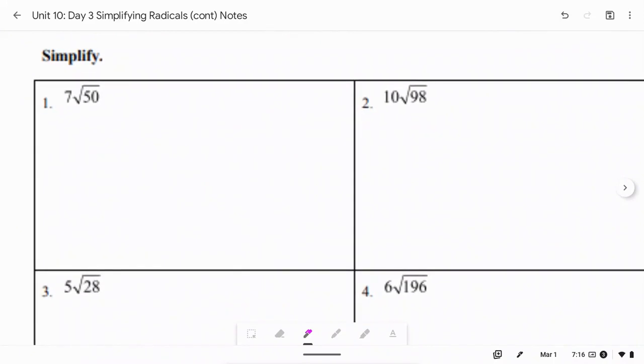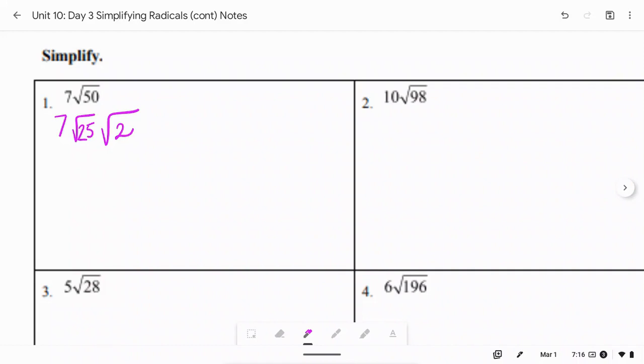So for the square root of 50, we're just going to ignore the 7 for right now and just bring it straight down. I know that 50 is not a perfect square number, so I'm going to see what is the largest perfect square number I can divide 50 by. So you may want to use that chart from yesterday's notes to kind of work your way backwards. And 25 ends up being the largest perfect square number. It's 25 times 2.